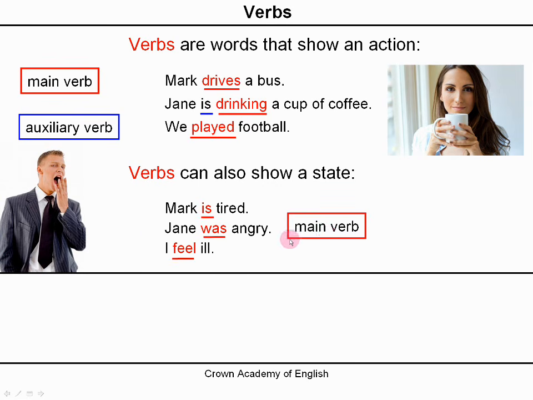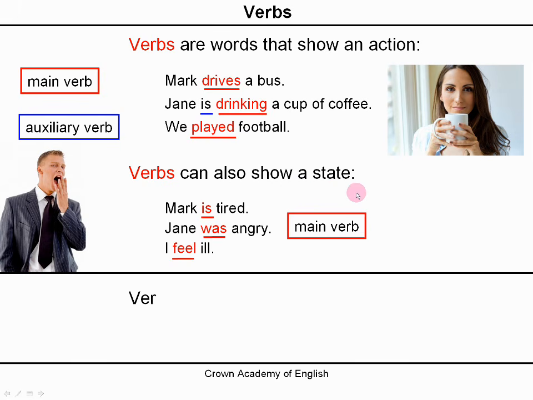And here, all of the verbs are in fact main verbs. They all express the state. Okay, so this is interesting because here the same verb, the verb to be, here we are using it like a main verb because it is expressing the main idea, which is a state.